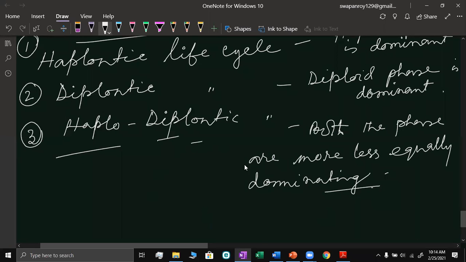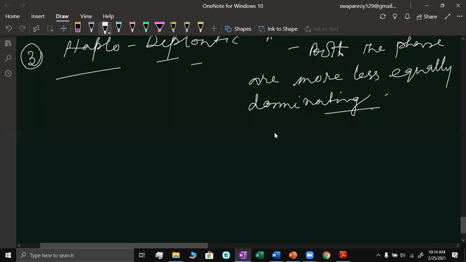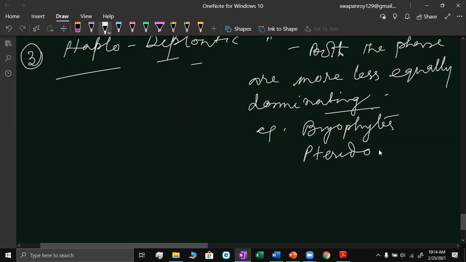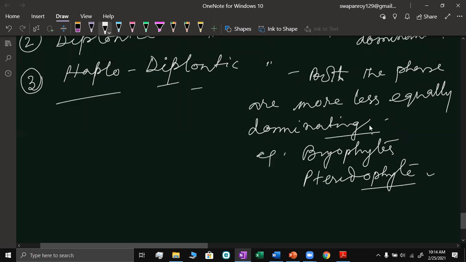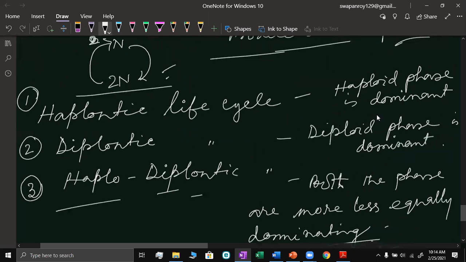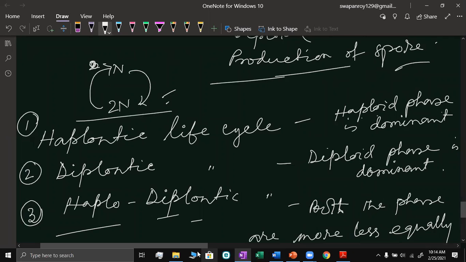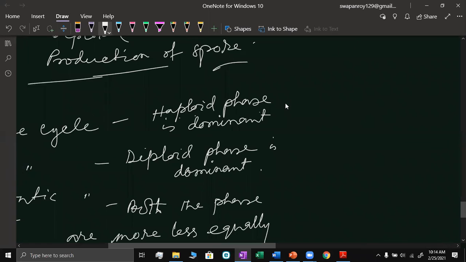This type of life cycle is found in bryophytes and pteridophytes. The haplontic life cycle is common in algae.